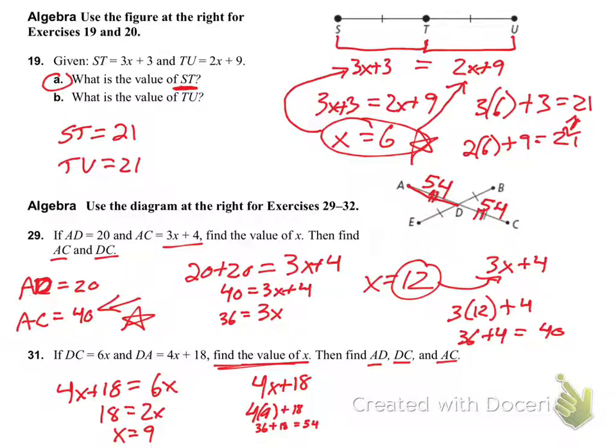But we can plug that in. It says that DC is equal to 6x, right? So I'll have 6x, and I'll take my x is equal to 9. So 6 times 9 is 54. So that makes sense.